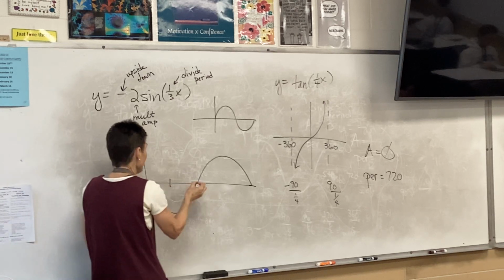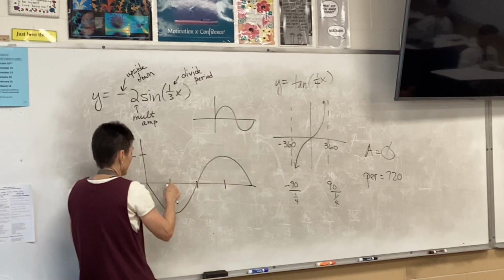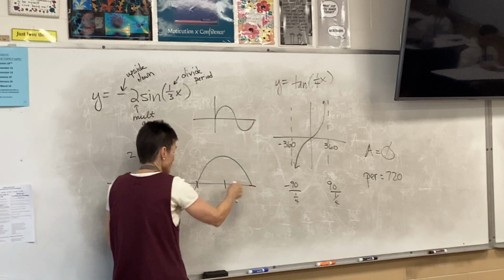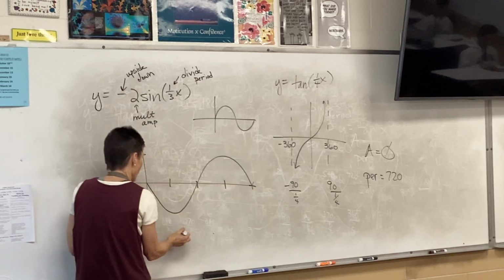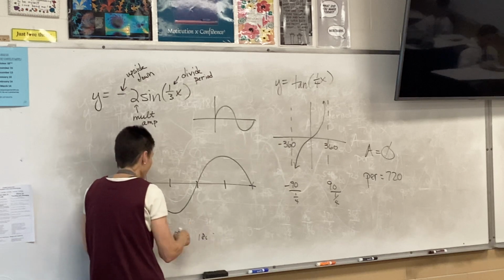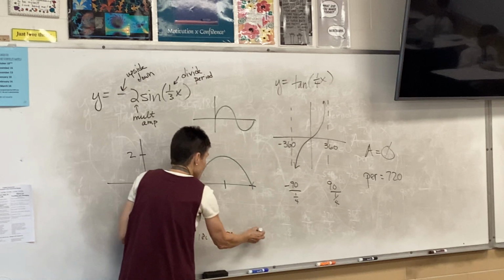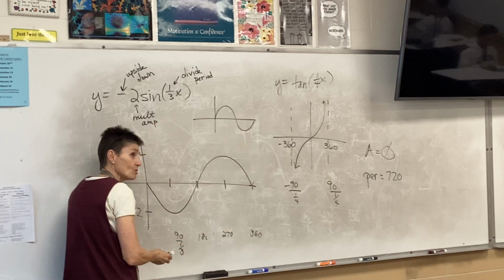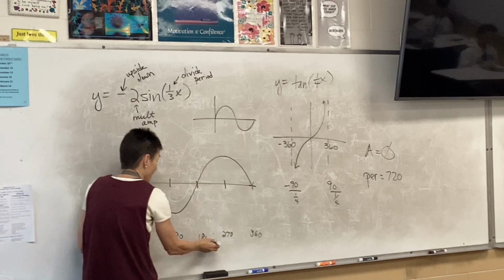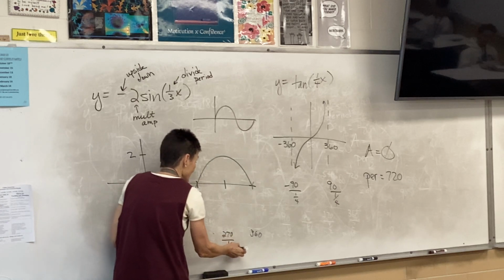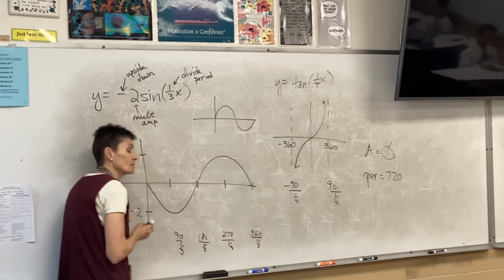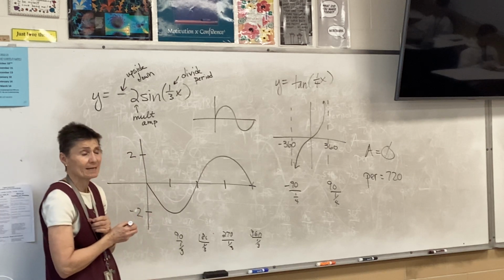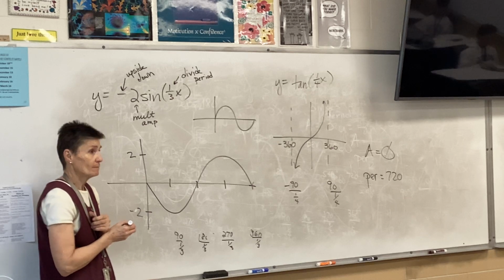I know that normally, the bottom of the valley, where I cross, the top of the hill, where I cross, those are my label points. Normally they'd be 0, 90, 180, 270, and 360. But I am dividing those by 1/3. Every single one of those is getting divided by 1/3, which is the same as multiplying by 3.